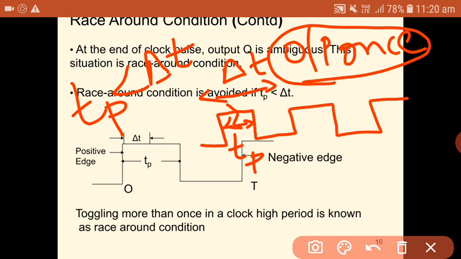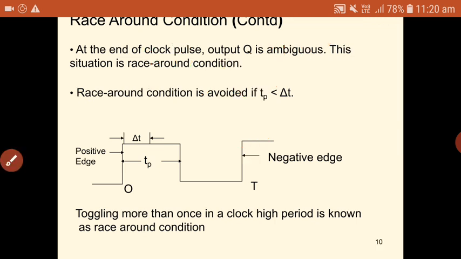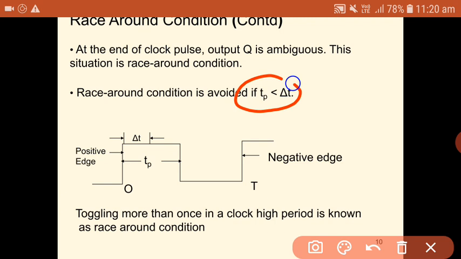It should be less than the propagation delay of the flip-flop in order to avoid the race around problem. That is the main thing you need to take care of.